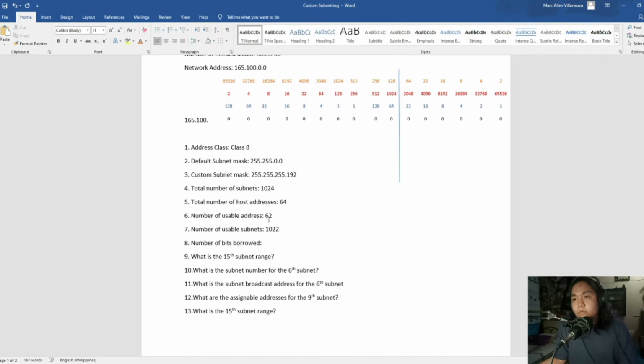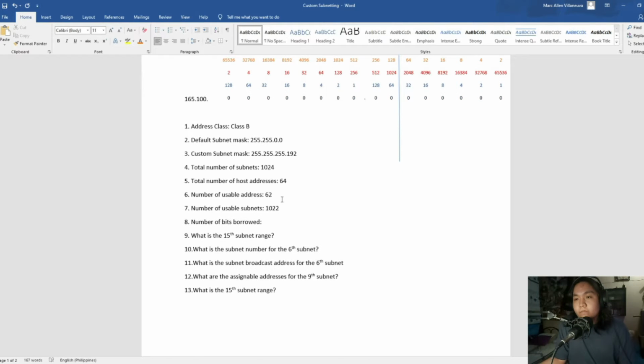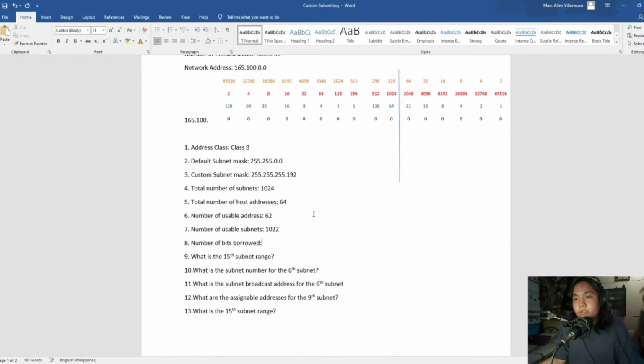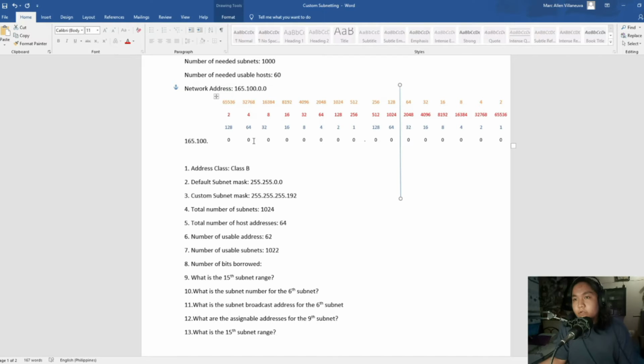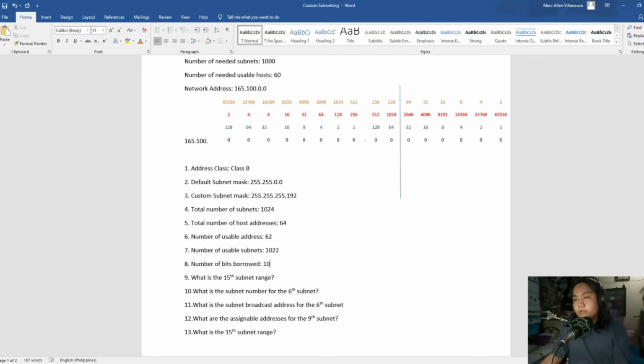So we're always going to subtract 2. Now next, number of bits borrowed. As you can see here, we have our line, and we have 1, 2, 3, 4, 5, 6, 7, 8 bits for our third octet, and 2. So 8 plus 2, we have 10 bits borrowed.